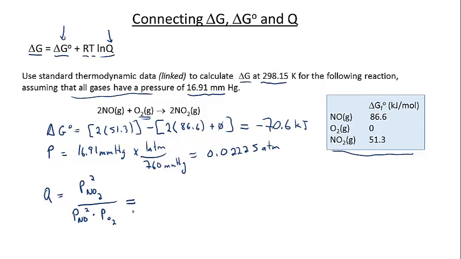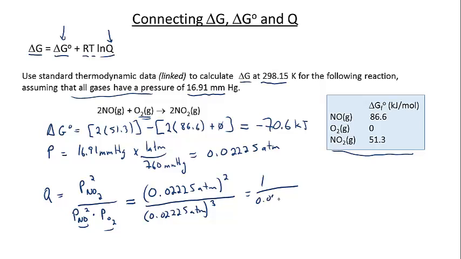And because all of these are the same, it's going to be 0.02225 atmospheres squared over 0.02225 atmospheres cubed, because there's 2 here and 1 there, which is going to equal 1 over 0.02225 atmospheres, which equals 44.94. So that's Q. So then we can determine delta G.